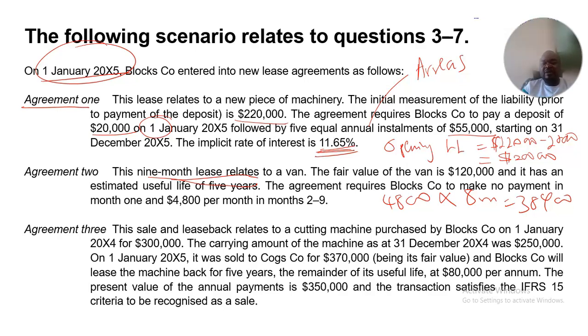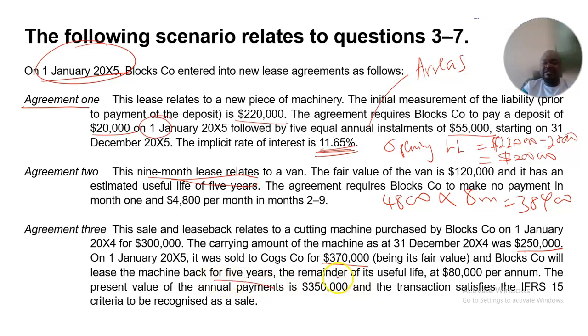The carrying amount of the machine as at 31st December 20x4 was 250,000. On 1st January, when they entered into the contract, it was sold for 370,000, which is close to the fair value, and Block Co will lease the machine back for 5 years.